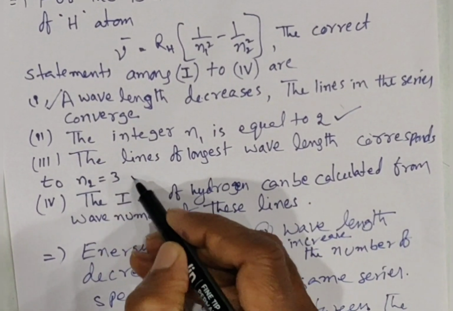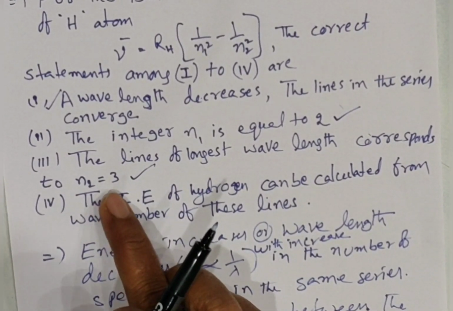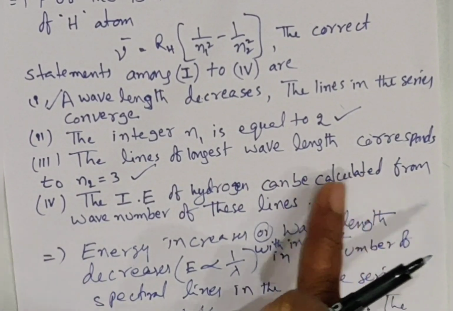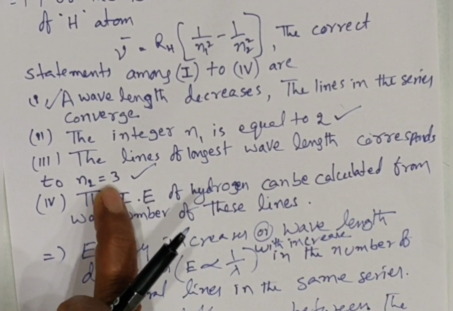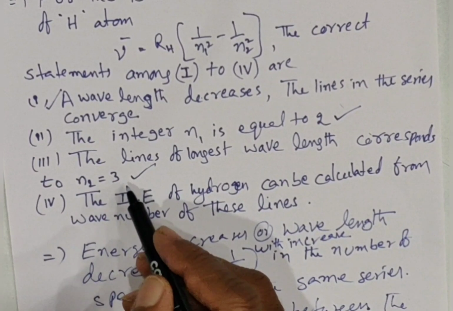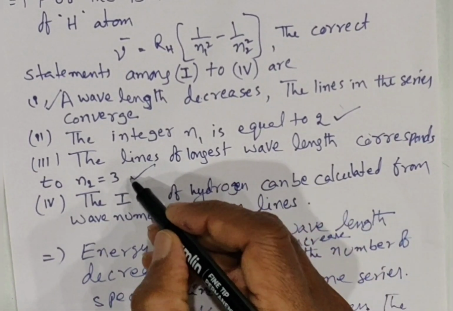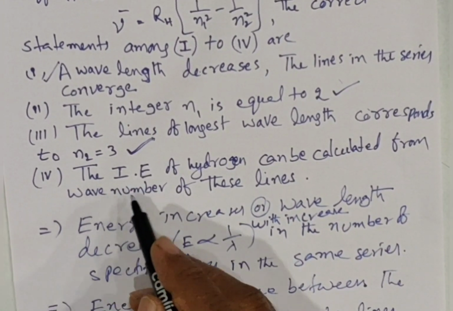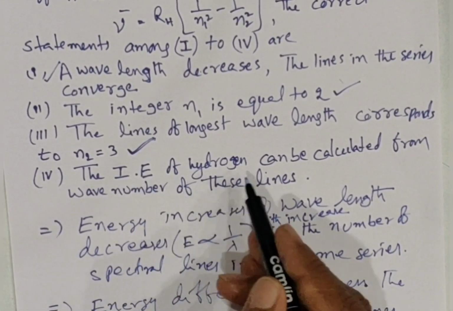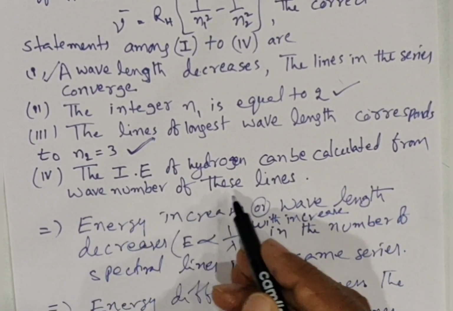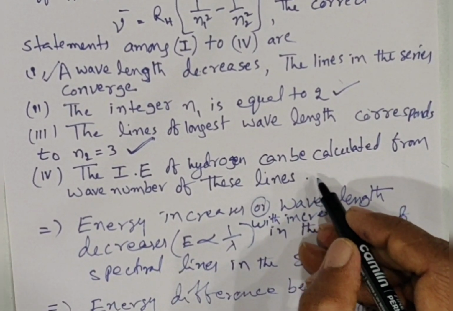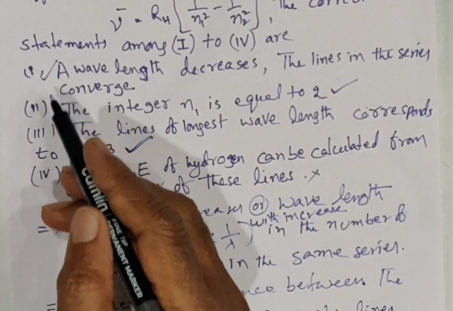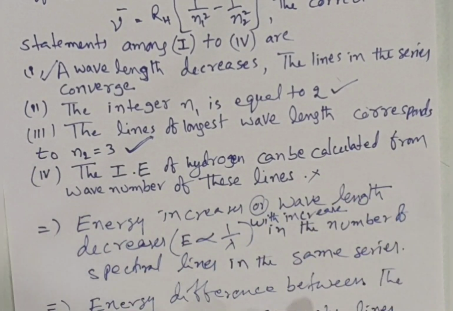It is also correct. With the increase of spectral lines, wavelength decreases, so n is equal to 3 means the first spectral line has the longest wavelength. Then fourth one, the ionization energy of hydrogen can be calculated from the wave number of these spectral lines. No, this is not related to this, that's why it is not correct. So only the first, second, third options are correct.